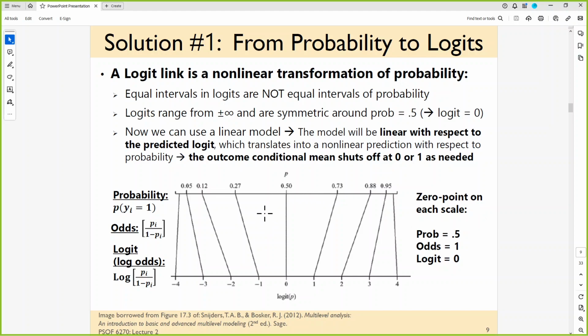But you can see here that there is a nonlinear relationship, because the differences in units between the logits and probabilities are nonlinear. For example, between positive 3 and 4, the probabilities are getting closer compared to logits.